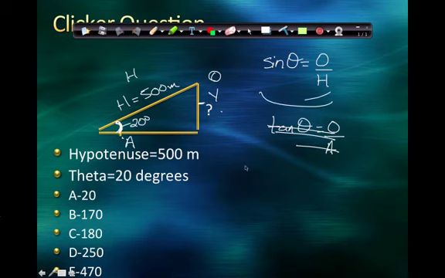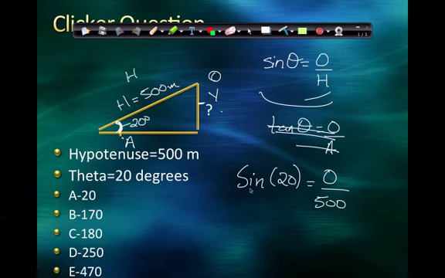So sine of theta, which is 20, is equal to the opposite, which is unknown, divided by the hypotenuse of 500. So sine of 20 gives me 0.342. That's equal to the opposite divided by 500.